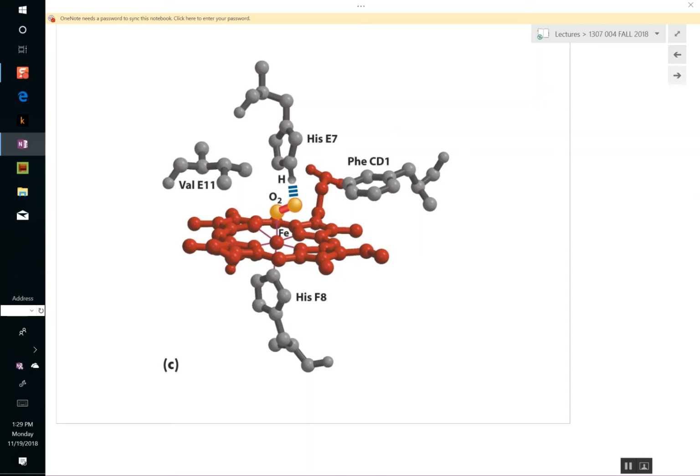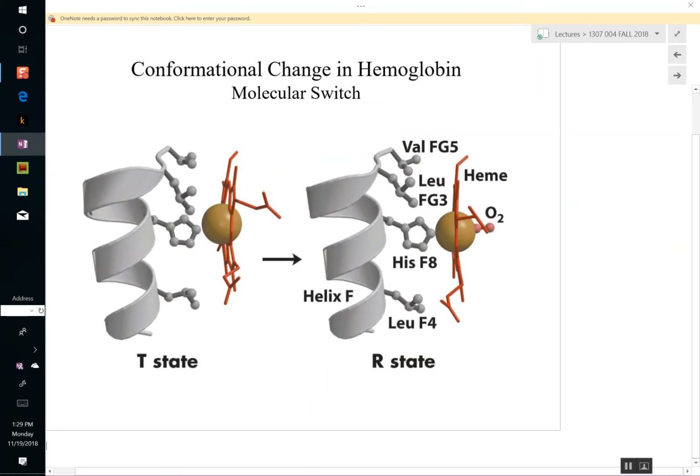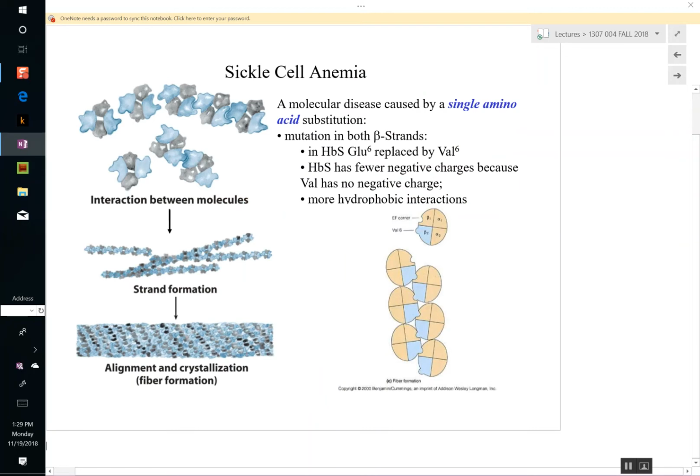So just to get a few other glances at it, there's a little bit of an alpha helix over here with an amino acid. Here's your iron, your heme complex, your oxygen sitting out here. So hemoglobin has been studied up one side and down the other, exactly what that shape is like and how it functions.